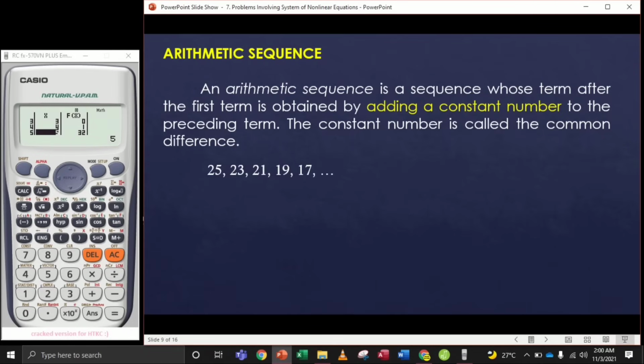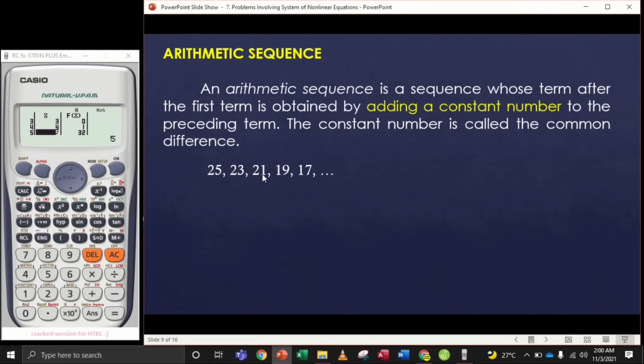For example, so sa given sequence na to, meron tayong 25, 23, 21, 19, and 17. Okay, so again class, sa sequence na to meron tayong 25, 23, 21, 19, 17. So kapag kinuha natin yung difference ng pangalawang term dun sa nauna, okay, 23 minus 25, the answer is negative 2.